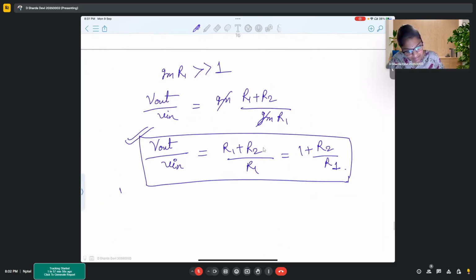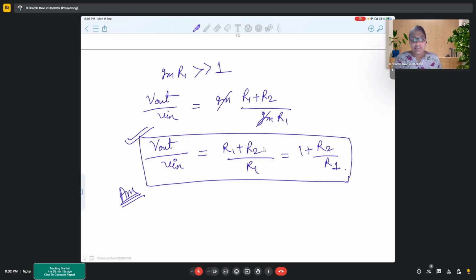So this is the answer. So this is how you had to solve for V out by V in. Is this clear? So basically what we had to solve was V out by V in, which will come out to be this.